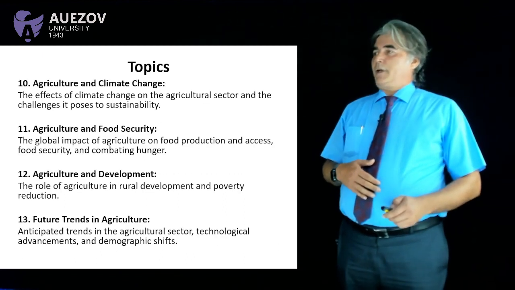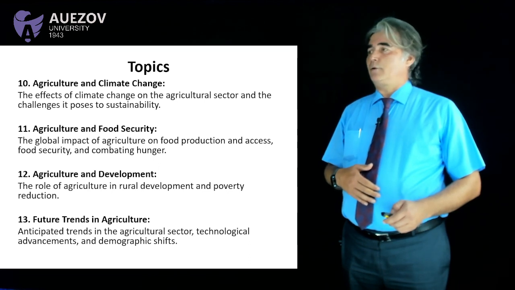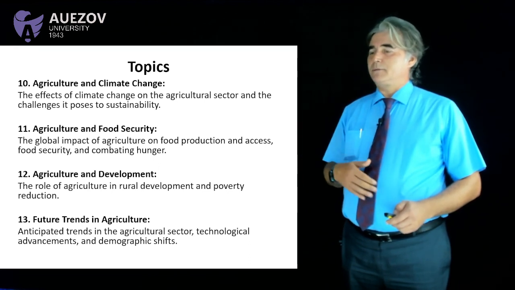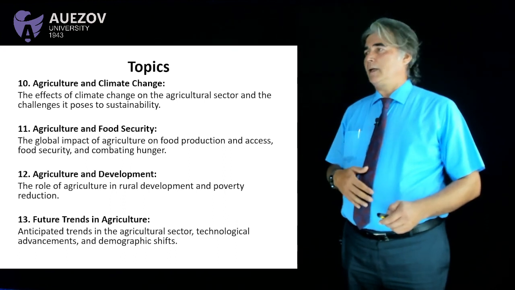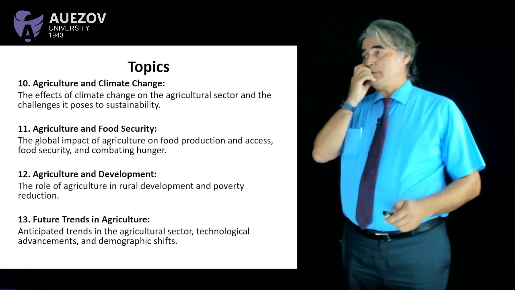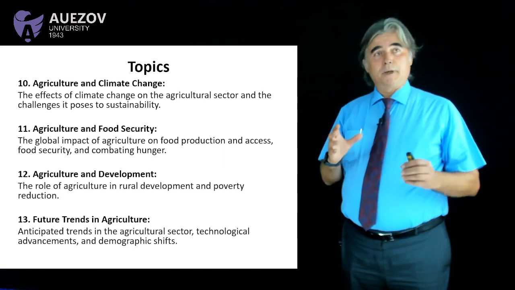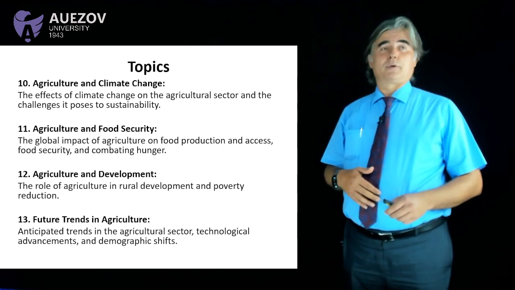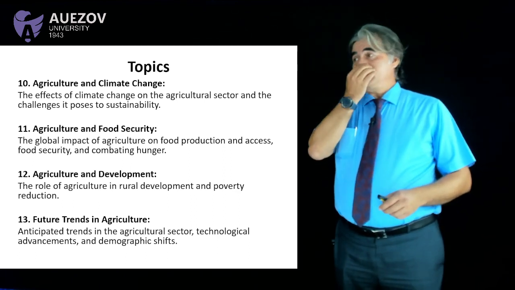And climate change also affects the agriculture sector. We try to find how it affects the agriculture sector and the challenges it poses to sustainability. And the global impact of agriculture on food production and access, food security and combating hunger.